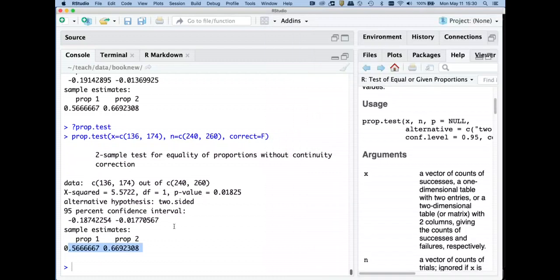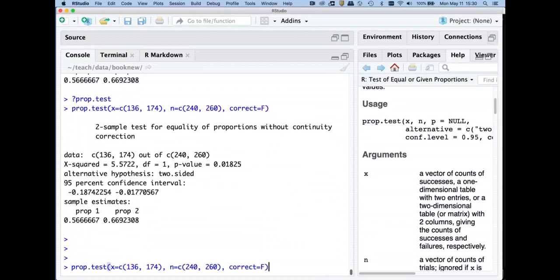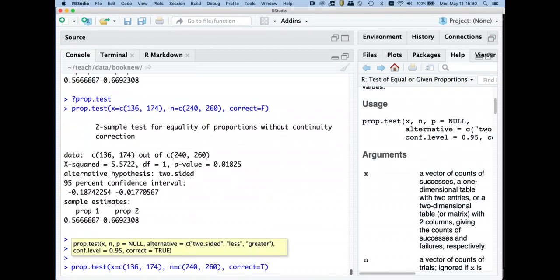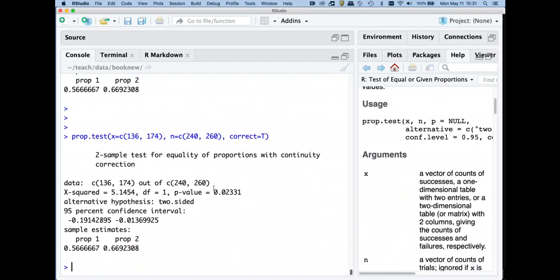Now we could also use the continuity correction. Remember that we're approximating a discrete distribution with a continuous distribution, and so when finding probabilities for a single binomial, we had to add 0.5 or subtract 0.5, and that would improve the approximation of the normal distribution. So this is doing something very similar. We end up with something pretty close, 0.0233, and I suspect this answer is going to be closer to the correct value.